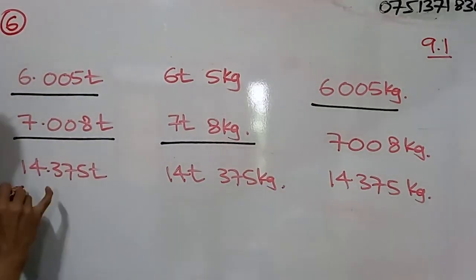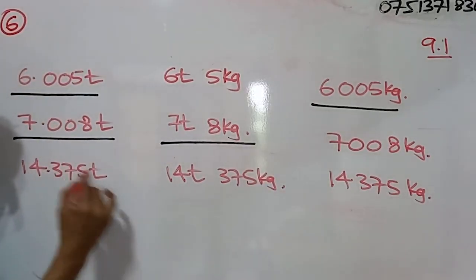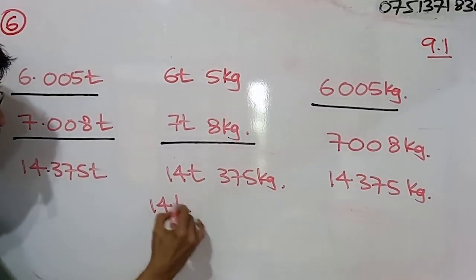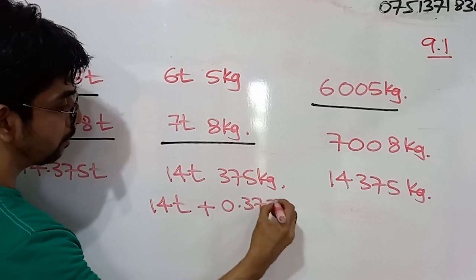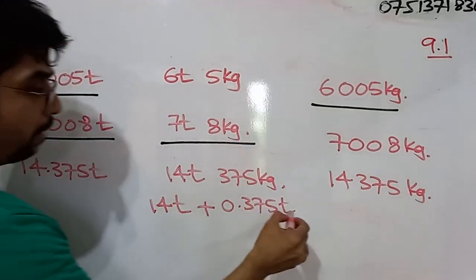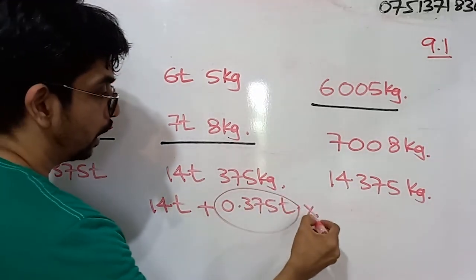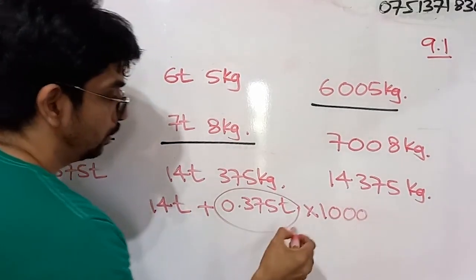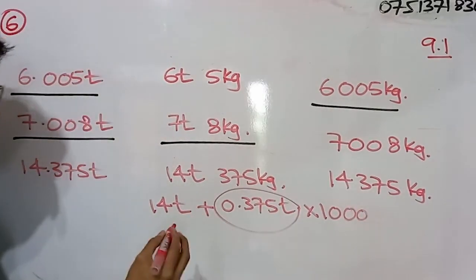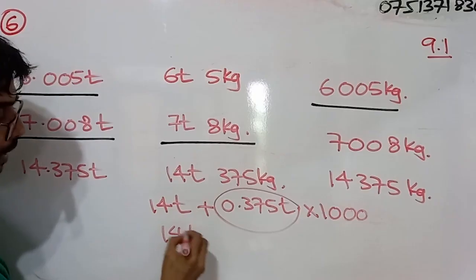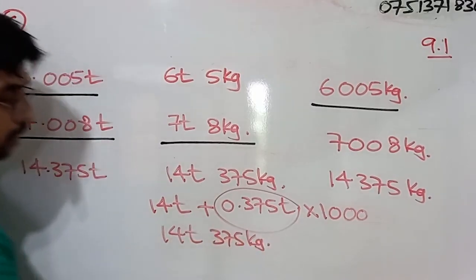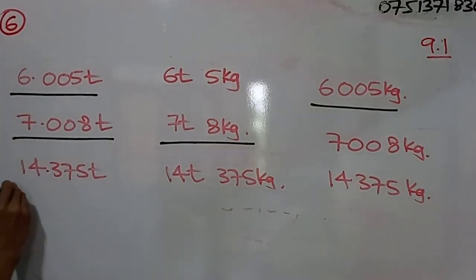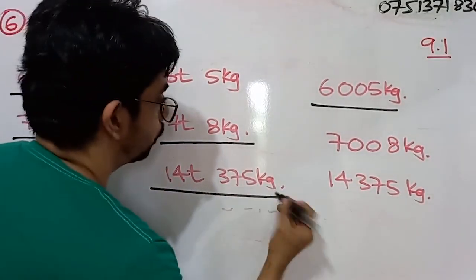Right? So 14.375, I can break it into what? 14 tons and 0.375 tons. Then I will multiply this amount by what? 1000. Then this total amount becomes what? Kilograms, right? So 14 tons and 375 kilograms. That is the answer. So these are the spaces that they are asking us to fill.